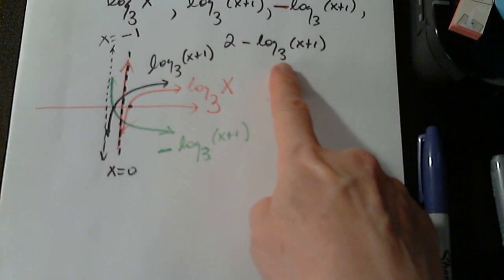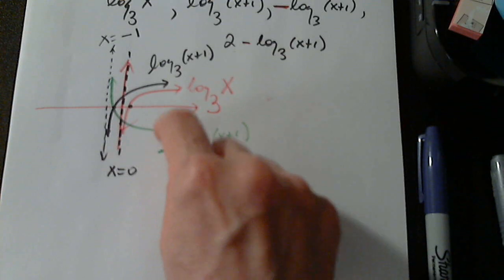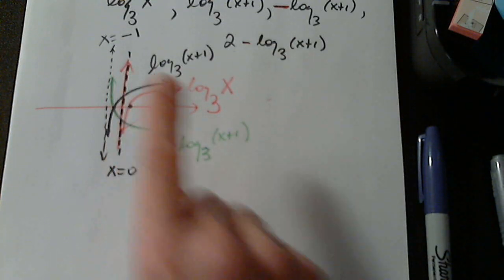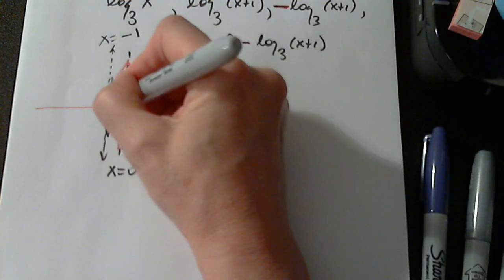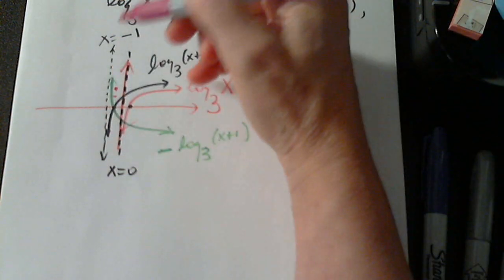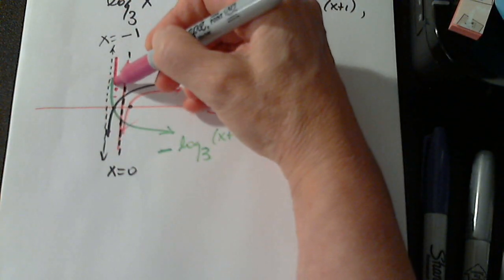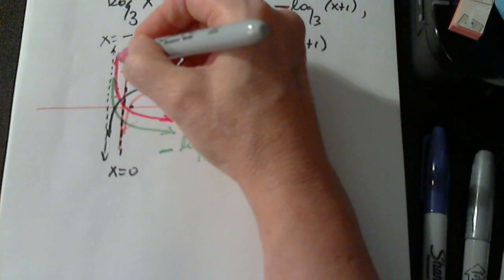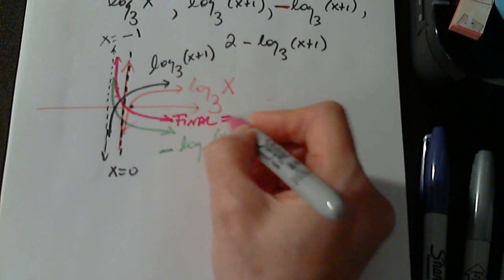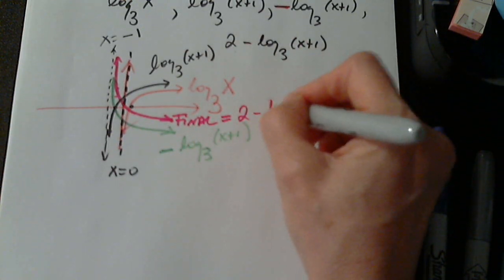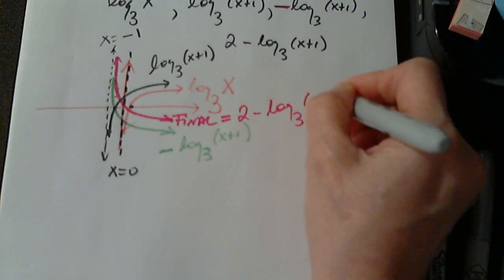Final step, shift the green graph 2 units up. 2 units. So this point moves here. And this is the final graph, which is 2 minus log base 3 of x plus 1.